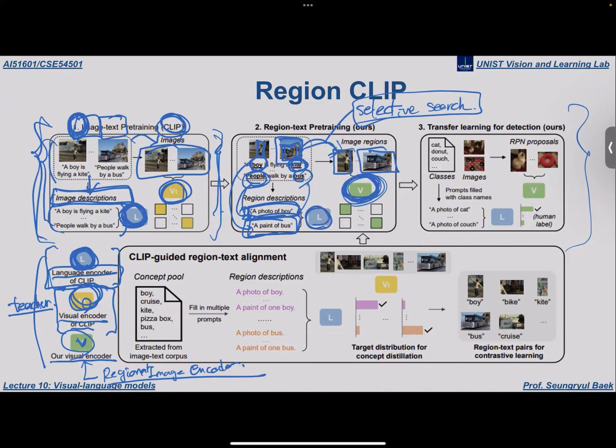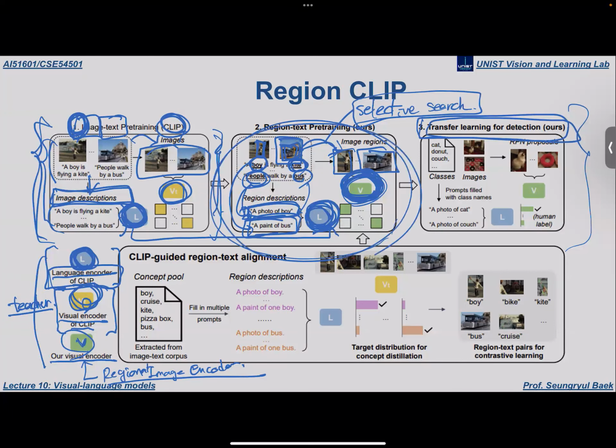And this is the same text encoder here. And we will now align this regional image encoder and the text descriptions. And this is some transfer learning module.